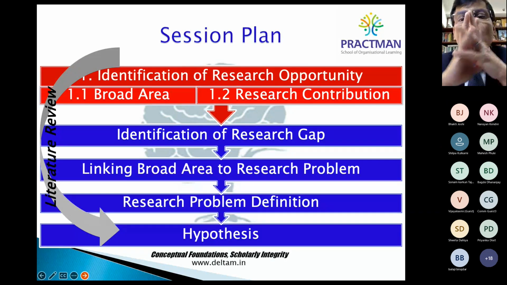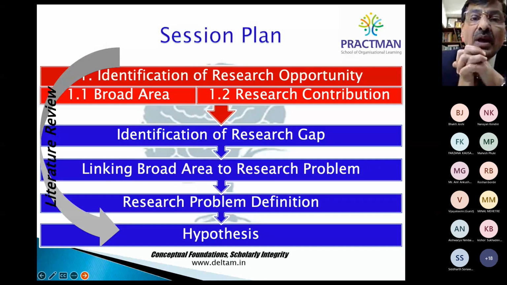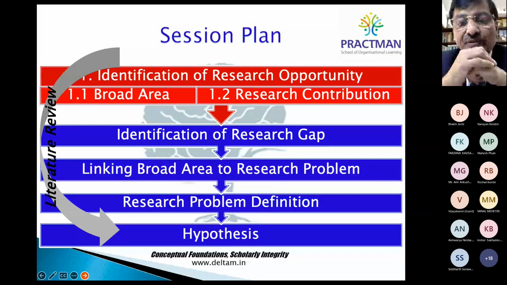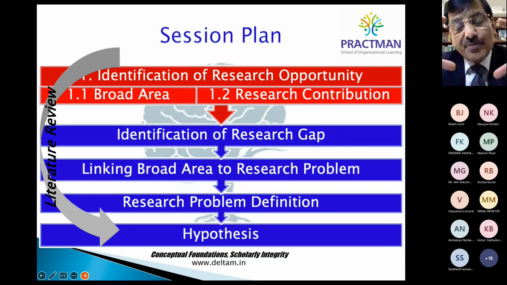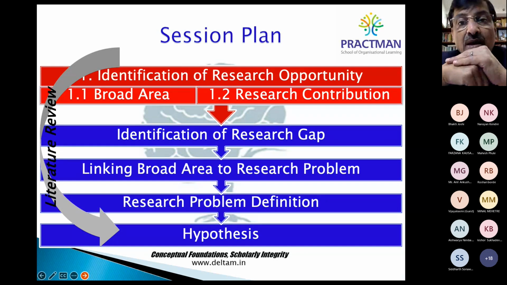Okay. Now, what is important and not to be forgotten is in all these stages of research. In fact, this is just the first part of first component of the entire research process. Research problem formulation is just one component of the entire research process, which comprises 7 different steps.